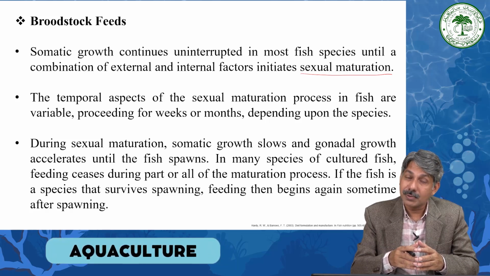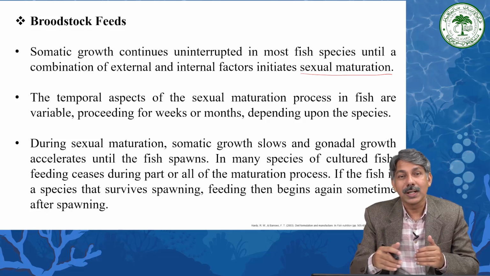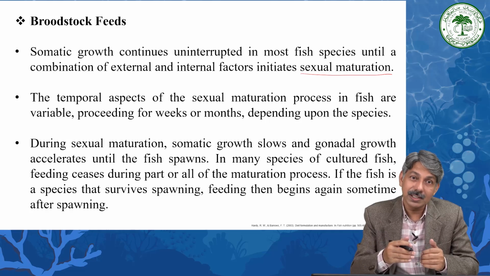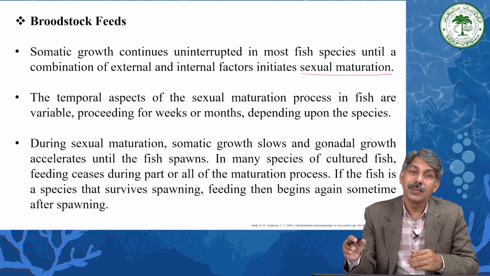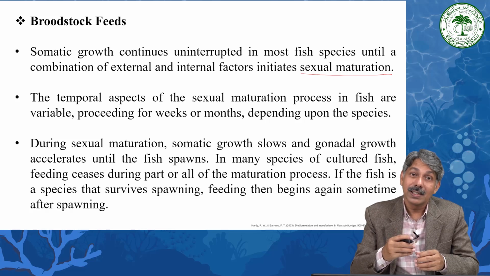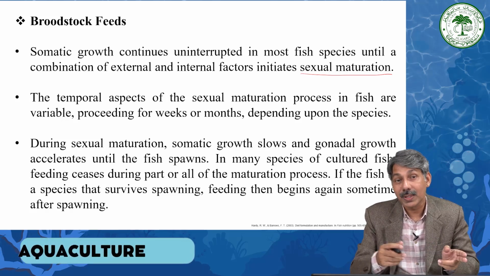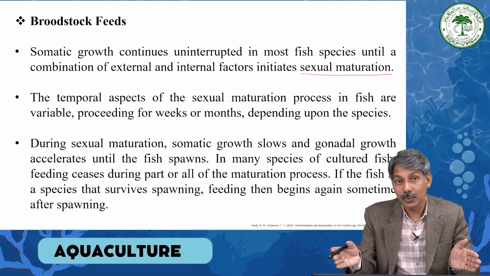Whatever dietary energy the fish has, first it will be utilized for maintenance, of course. Then after that, for gonadal maturation. If any energy is left, only then will it be used for growth of the fish or somatic growth. So the entire priority changes, and the gonadal maturation process has other kinds of nutritional demands than overall somatic growth.